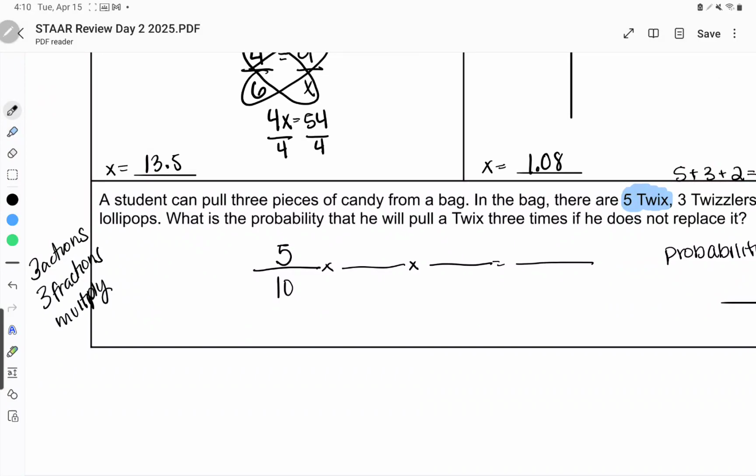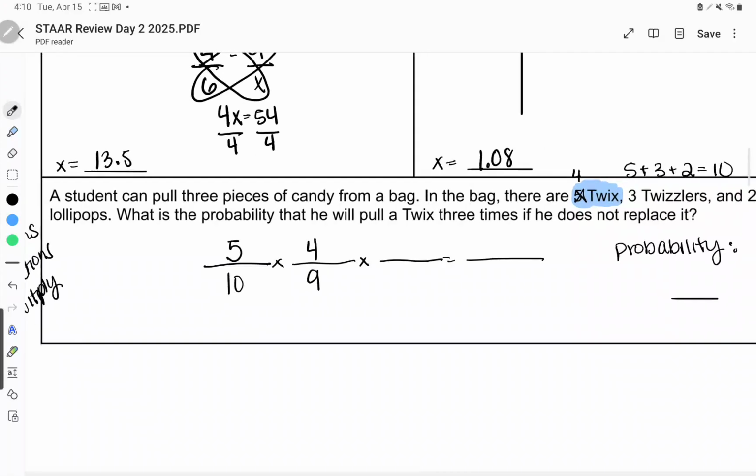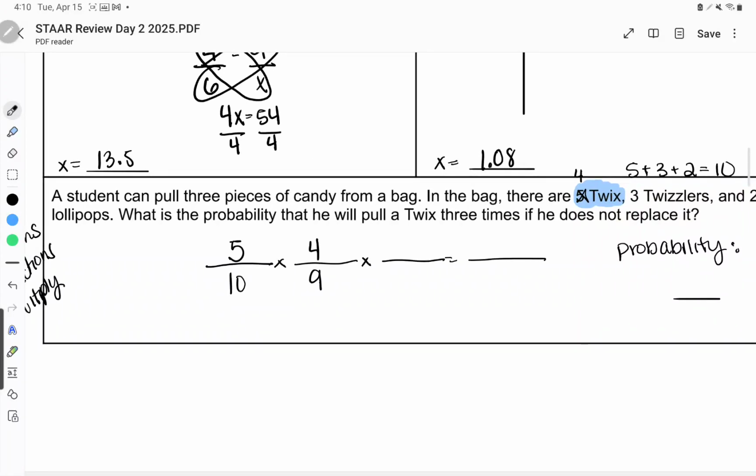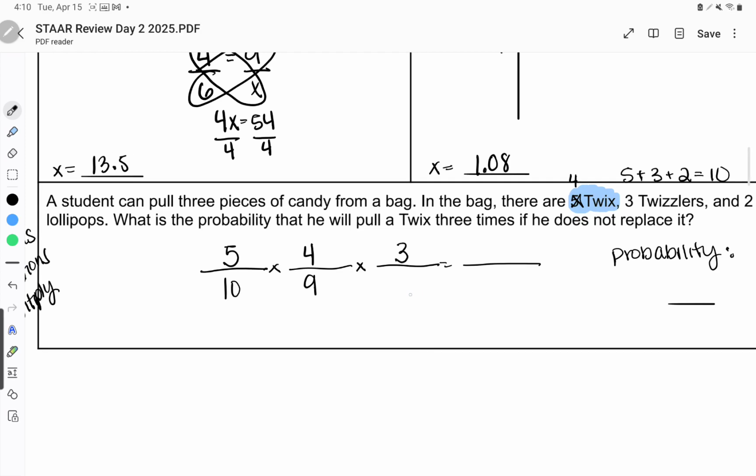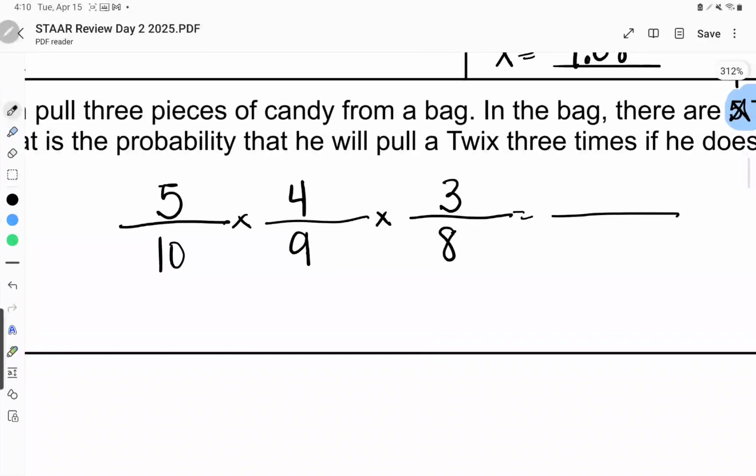So how many Twix do we have in the bag now? 4. And how many pieces of candy are in the bag now? 9. Now he pulled out another Twix and he doesn't put it back. So how many pieces of candy do we have in the bag now? 3 out of 8.